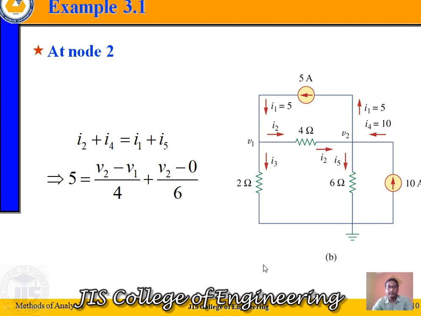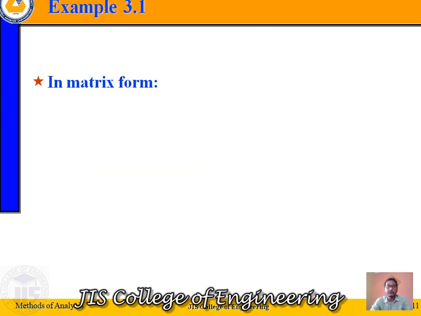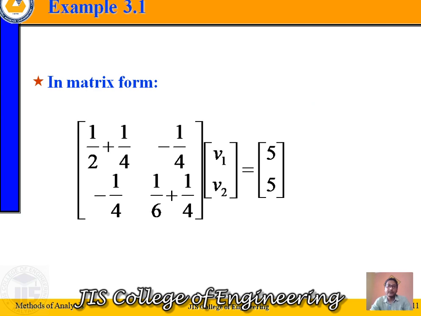So we got two equations for these two non-reference nodes. Now we can write the equations in matrix form and find the values of V1 and V2.